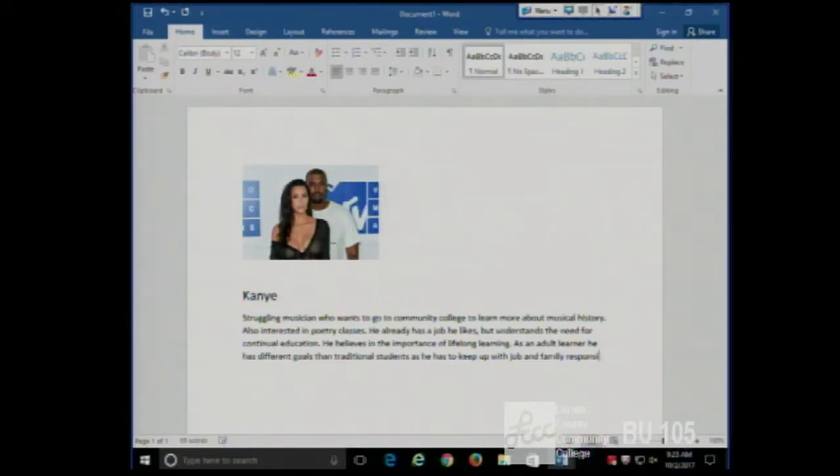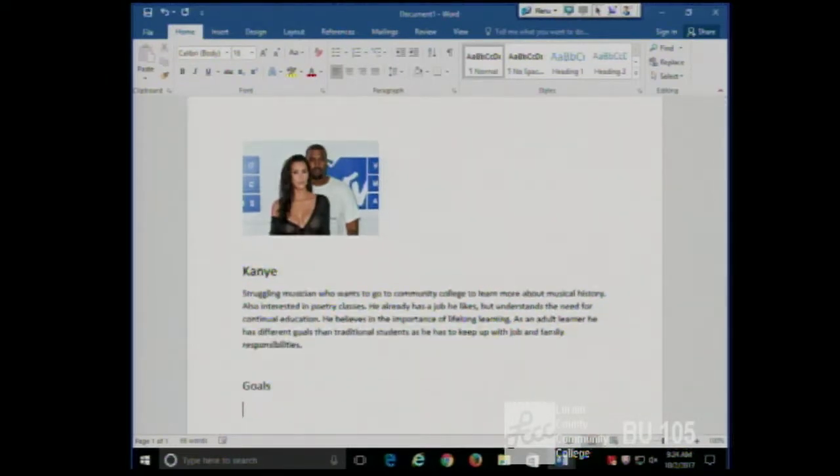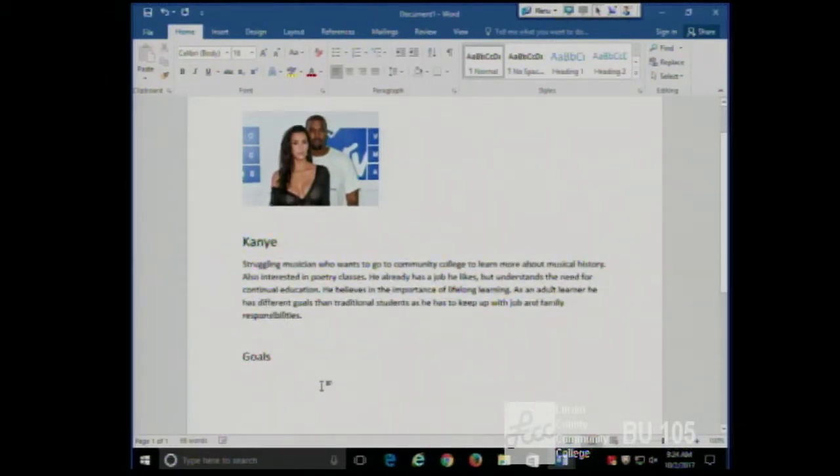So, what would we say maybe good goals for this kind of person would be? What would be the goals of an adult learner, let's say, coming to school, as opposed to a high school student? What are some of the goals?